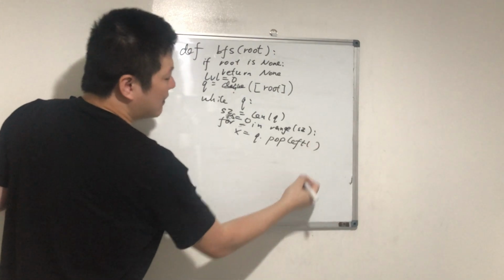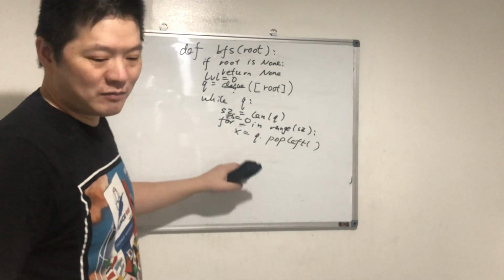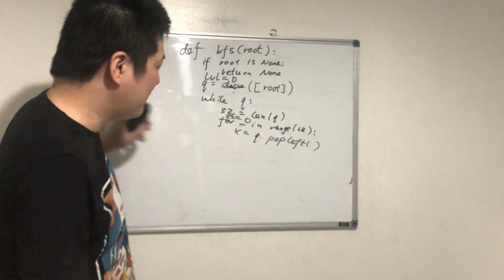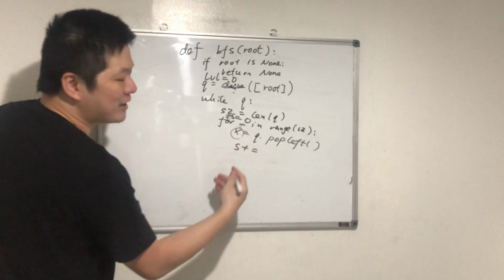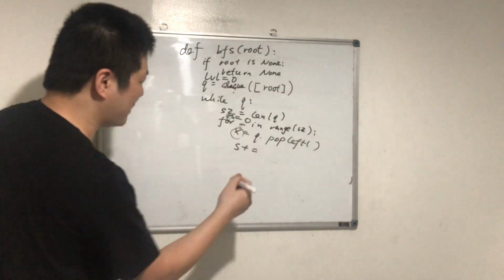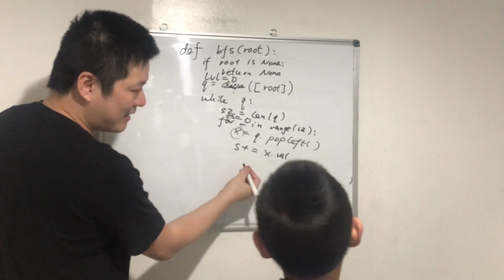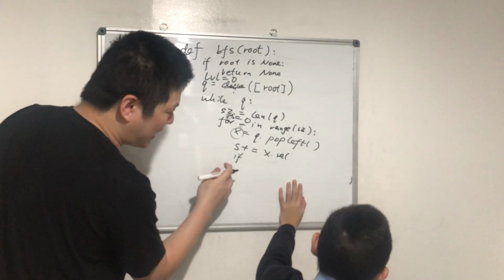Always left and always next is right. Not always, it's usually, okay? Pop left, we take from the Q and take an element which is now x, and then S plus equals what? We want to add the value to the S variable, so it will be x dot value, yeah? And then now I need to push its children back to the Q, yeah?